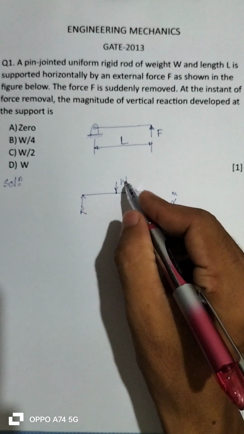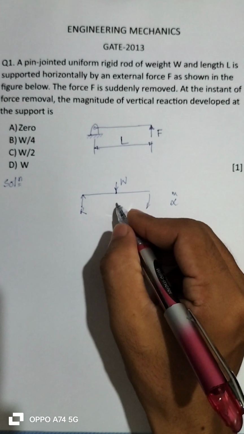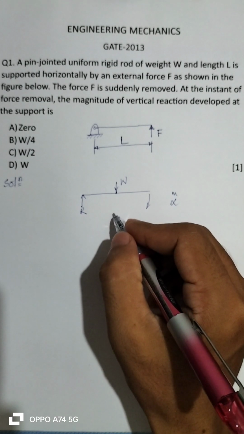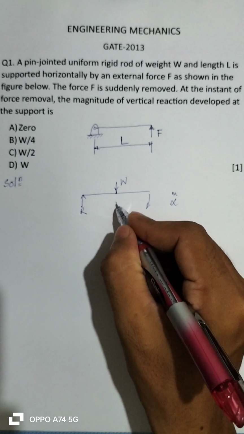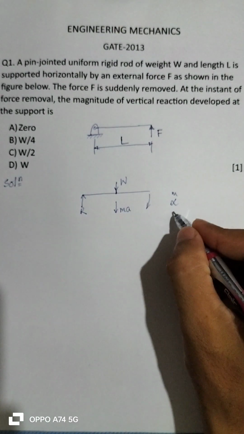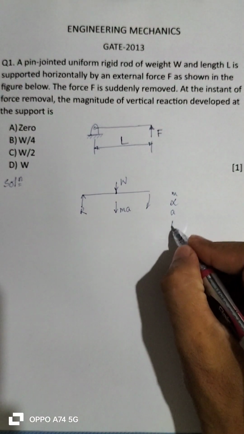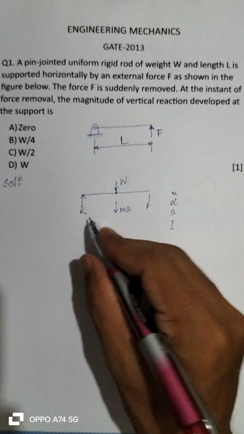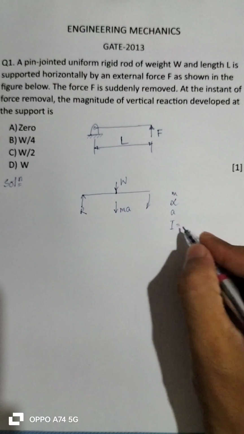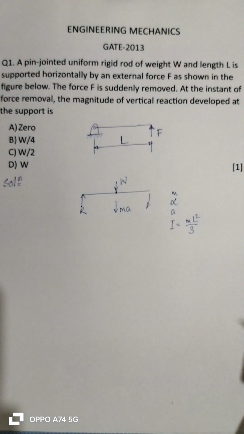R is vertically upward and W is vertically downward, and there will be a net force acting downward. So that will be equal to M into A, if A be the linear acceleration of the CG, and let us assume the mass moment of inertia of the rod is I, which is equal to ML square by 3, correct?